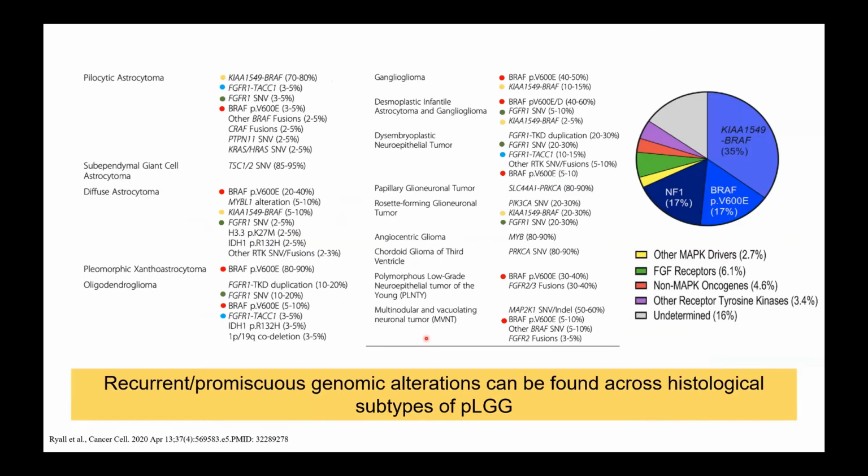Attempts to solidify different morphologic appearances with different molecular events clearly leads to a very muddy table very quickly. And this kind of recurrent or promiscuous gene alterations within this class of tumor type has essentially led to the abandonment of assigning specific diagnoses in many instances.